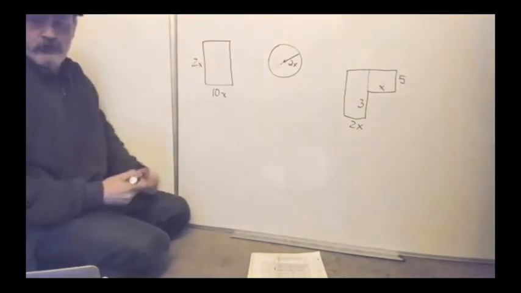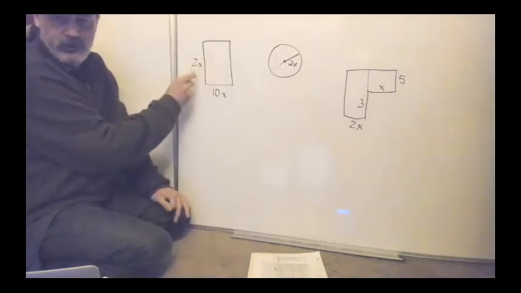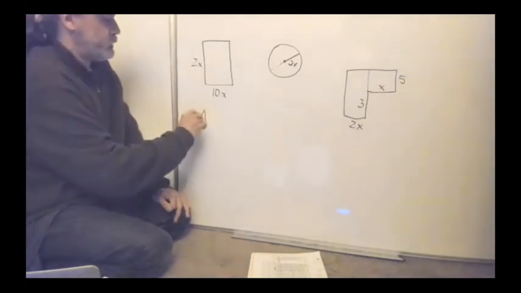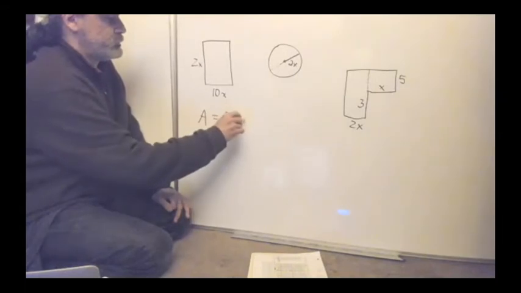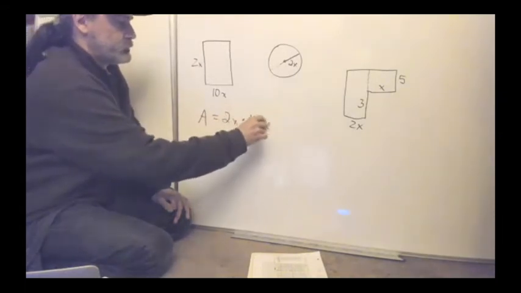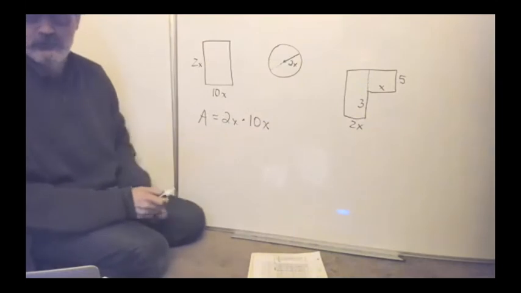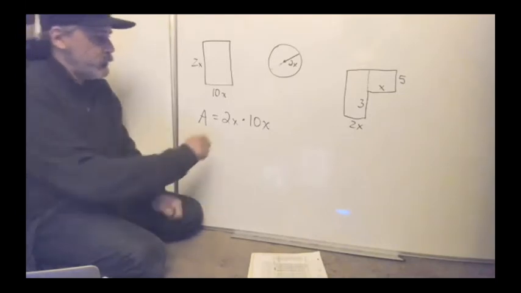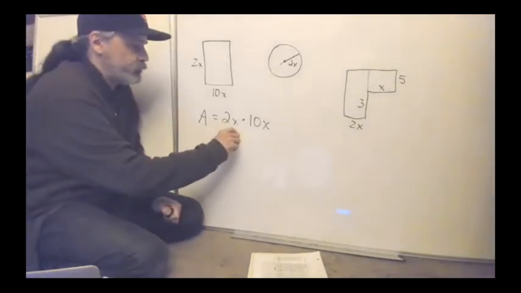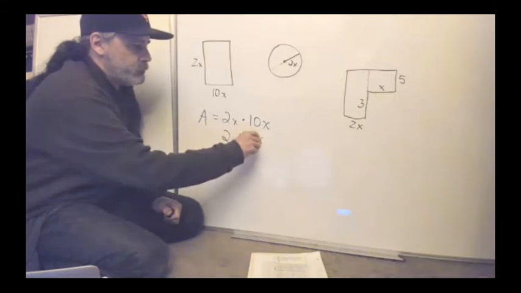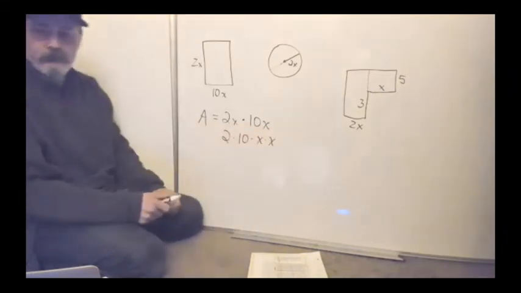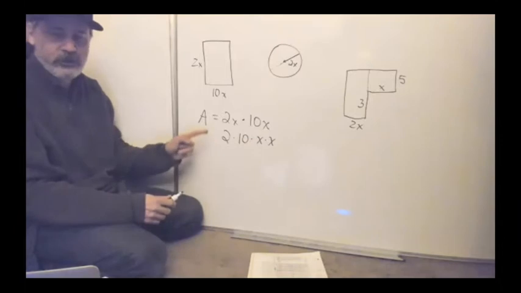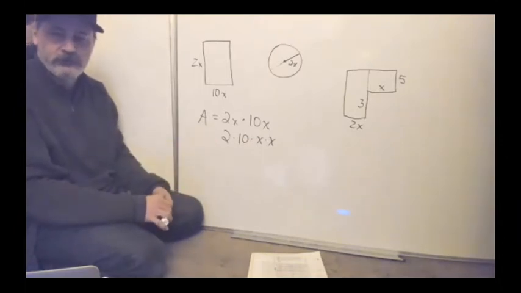All right, so if we're going to get the area for this shape, we already have the length and width. So to get the area, you're just going to go 2x times 10x. Now I'm using a dot to represent multiplication. Okay. So now when you multiply a bunch of stuff, you can rearrange the order in which you multiply. Now, you don't really have to do this, but I think some of us get a little goofy when we multiply.